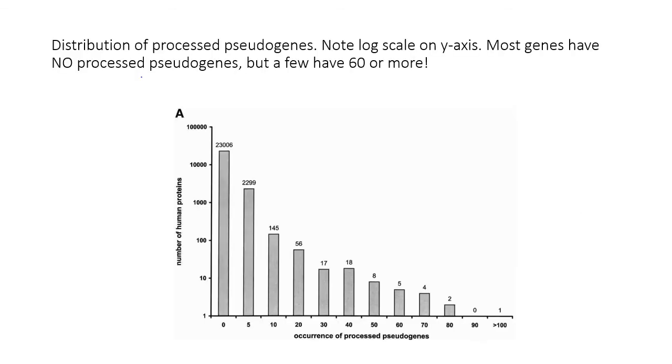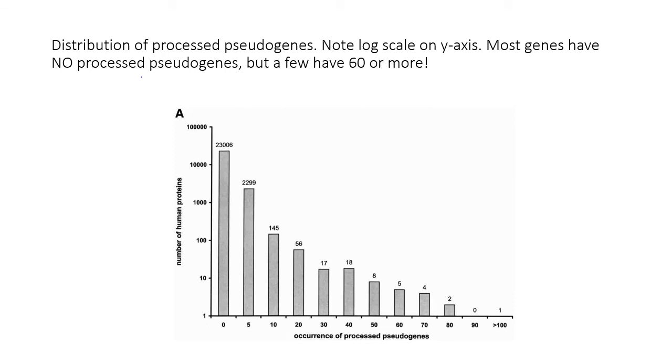One thing that's odd about processed pseudogenes, somebody did a very careful genome-wide survey of them in terms of trying to decide whether all genes are equally likely to become processed pseudogenes or not. And the answer is no. If you look at the y-axis here, the number of human proteins, the 23,000 number is the number of human proteins which have no processed pseudogenes that can be detected.